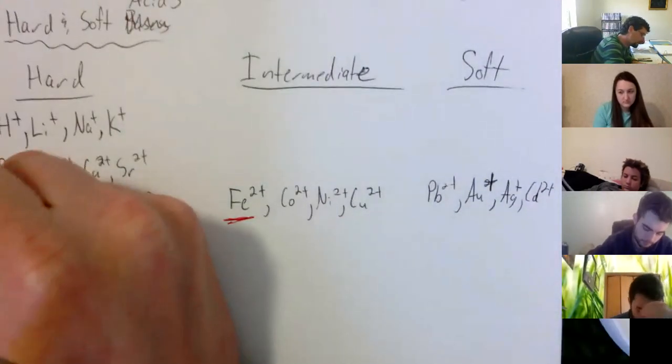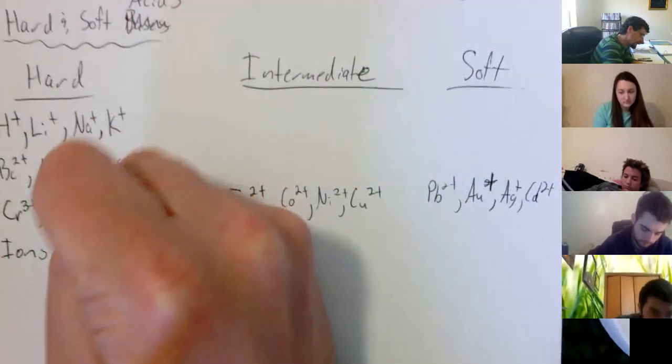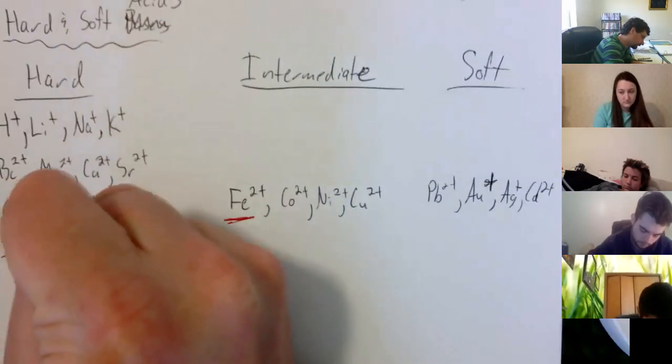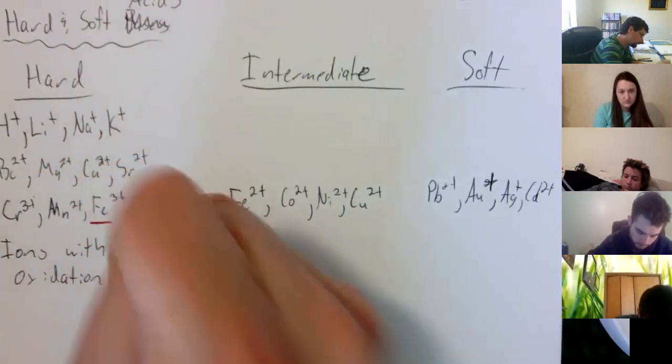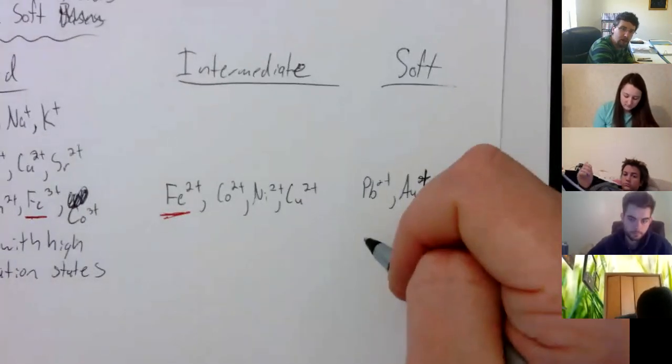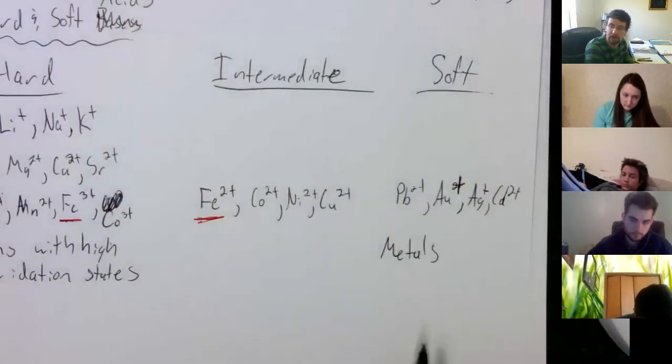So, ions with high oxidation states would be considered more hard. What would you put for metals if we wanted a soft metal? Low oxidation state.